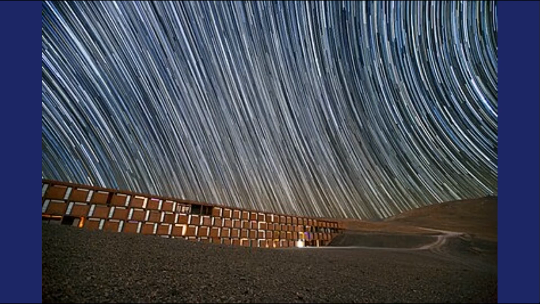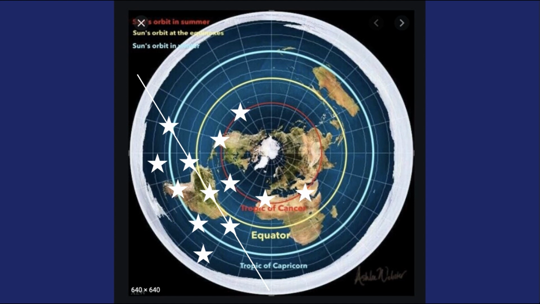It just doesn't make sense. And if we're standing on the equator, if we look south or north, we can see that the star trails are beginning to arc in opposite directions, which absolutely makes no sense.